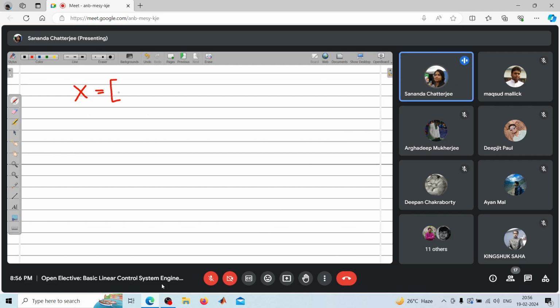Say a system is having two states, x1 and x2. Somebody else is taking the state variable as a combination of two different variables. So what we can write is, this can be written as a linear combination, that is some matrix multiplied by x. Do you agree?